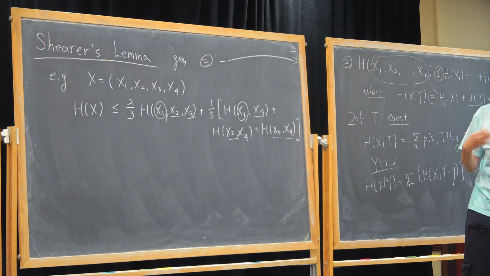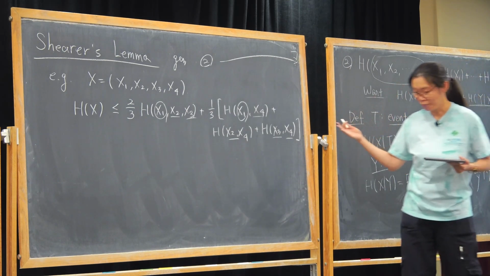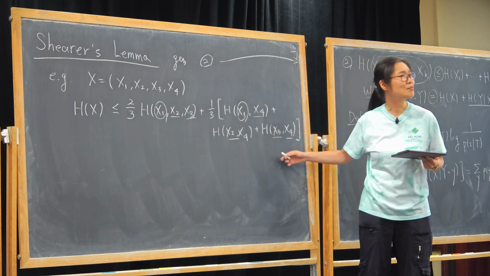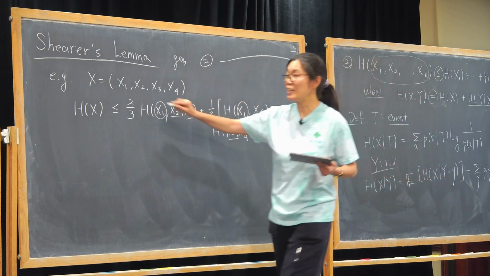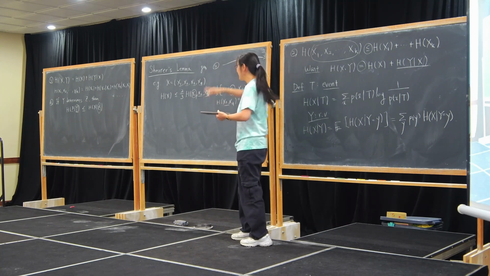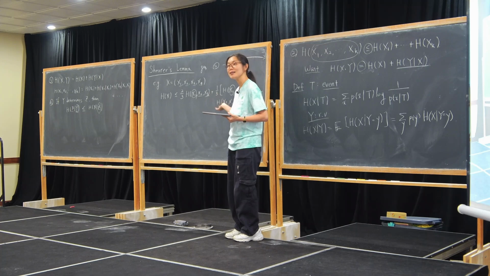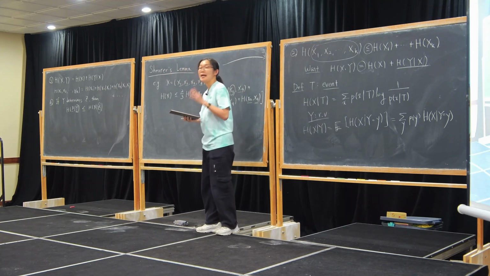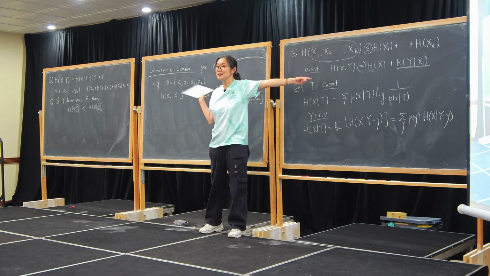It's actually exactly 1 because I made it up, but we just need the sum of the coefficients to be at least 1. Does this make sense? Basically this means we cover each component of this random variable at least once. So if you look at the sum of the entropies for the groups of random variables, it gives an upper bound on the entropy of X. Do you see that this is a special case of this?